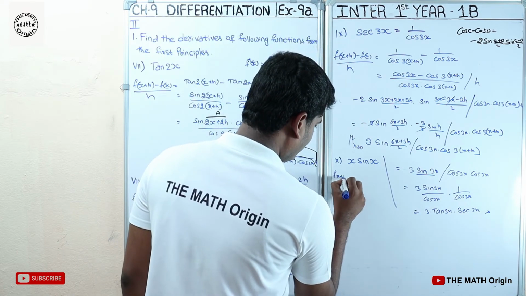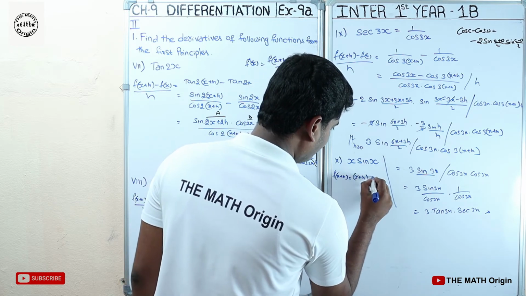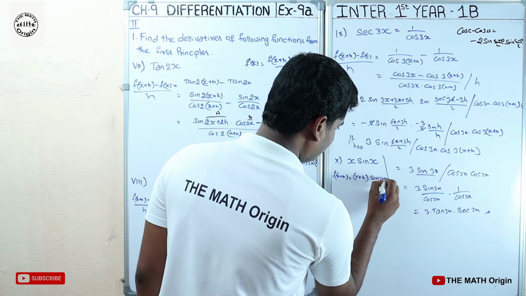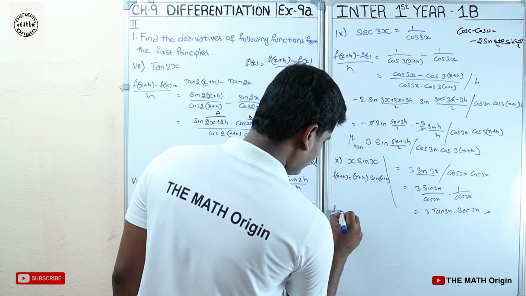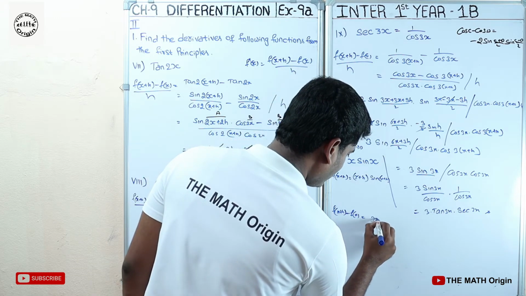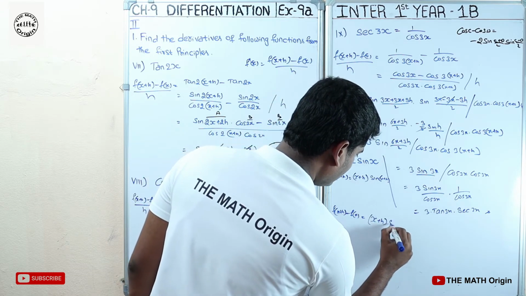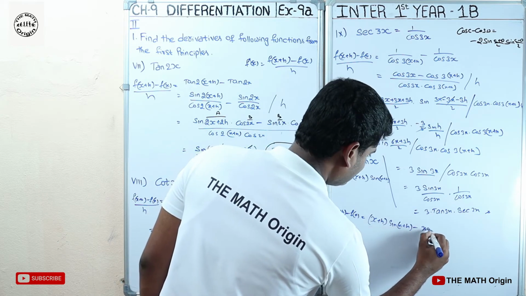For f of x plus h equal to (x plus h) into sin of (x plus h), now let's write f of (x plus h) minus f of x is equal to (x plus h) into sin of (x plus h) minus x sin x.